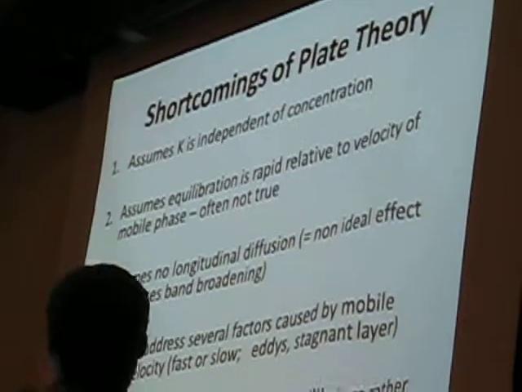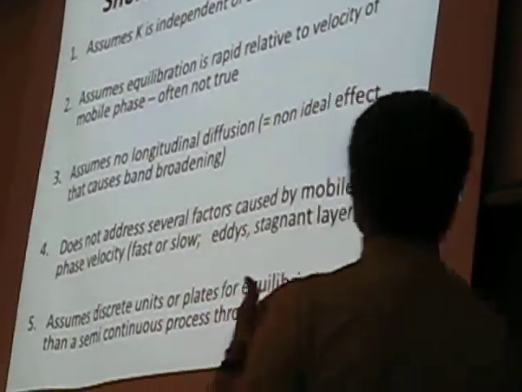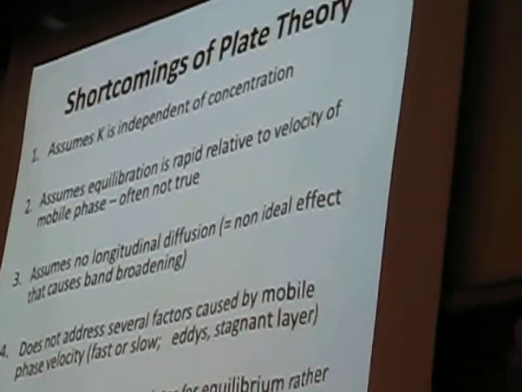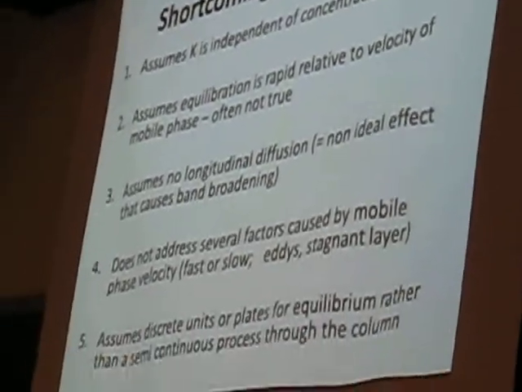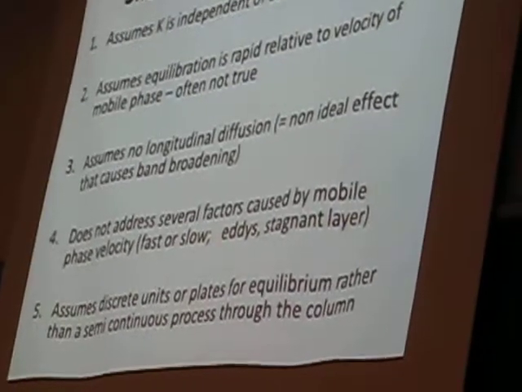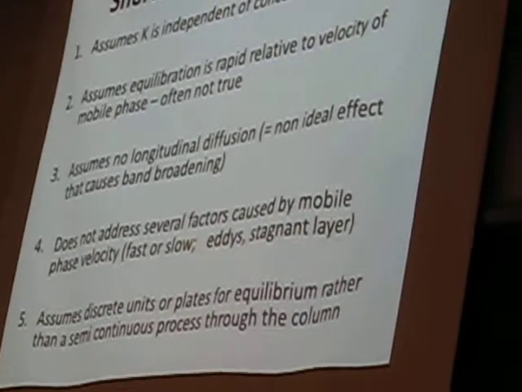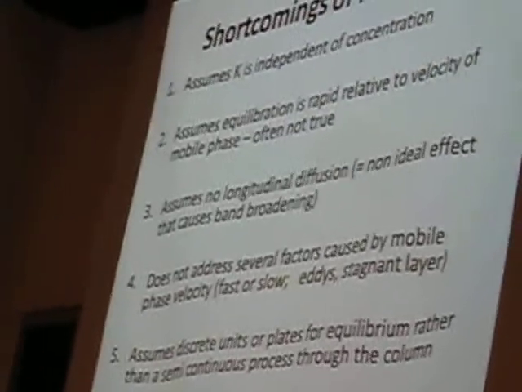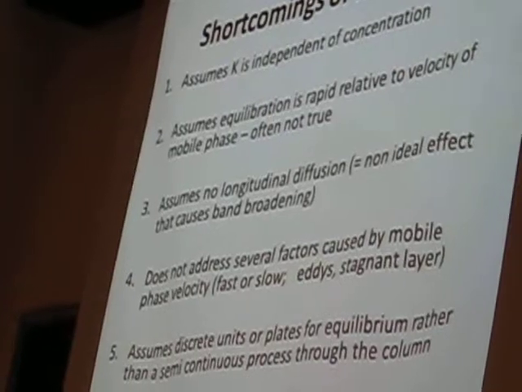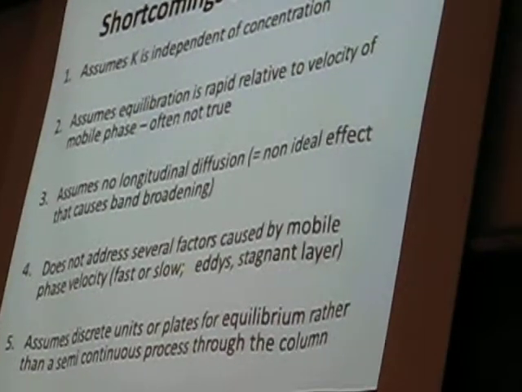Right? It does assume that the partition coefficient is independent of the concentration of the analyte. And we talked early on about assuming that's the case in our separations. We assume that from one standard to a higher standard, and in the samples, the partitioning coefficient of the analyte is independent of the concentration.